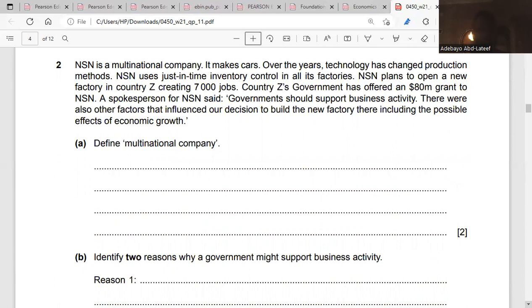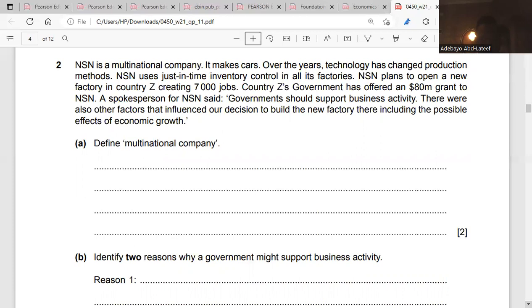NSM plans to open a new factory in Countryside, creating 7,000 jobs. Countryside's government has offered an $18 million grant to NSM. A spokesperson for NSM said, governments should support business activity. There were also other factors that influenced our decision to build a new factory, including the possible effects of economic growth.